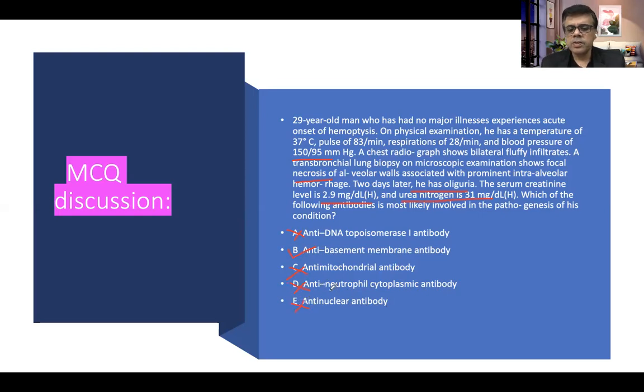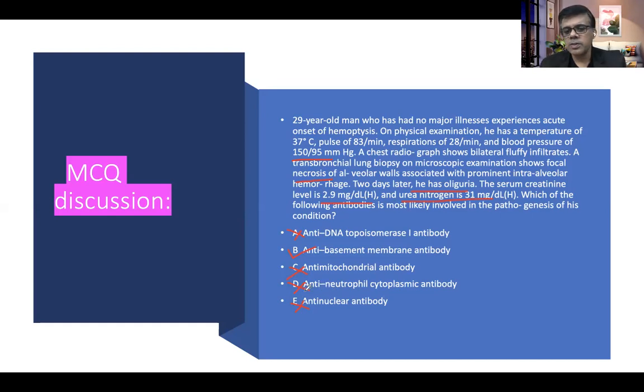So one difference that I would like to quote between Wegener's and Goodpasture syndrome is that Wegener's and Goodpasture both involve the lung and the renal capillaries, and both of them lead to acute renal failure by the formation of crescentic glomerulonephritis. But in case of Wegener's, both upper and lower respiratory tract is involved, whereas in case of Goodpasture, only the lung is being involved.